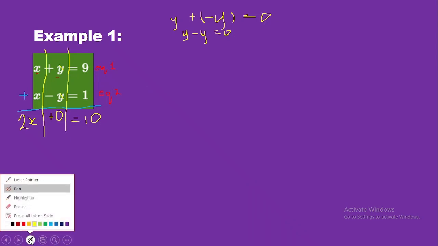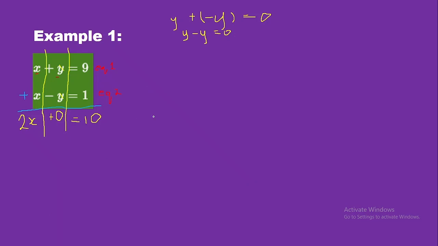So let me write my new equation right here, and I'm going to change the color of it. My new equation is 2x plus 0 is equal to 10, and 0 is nothing, so I could just say 2x is equal to 10.